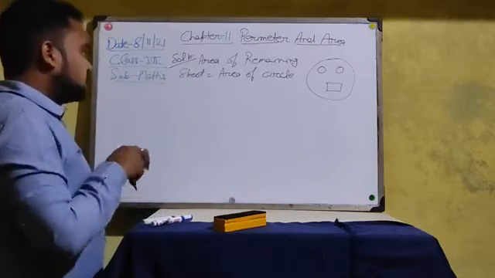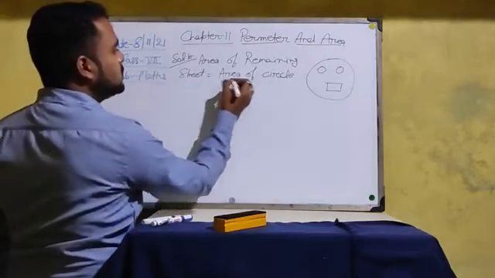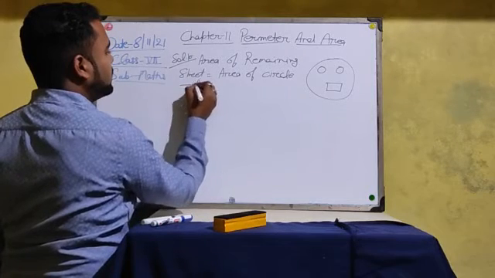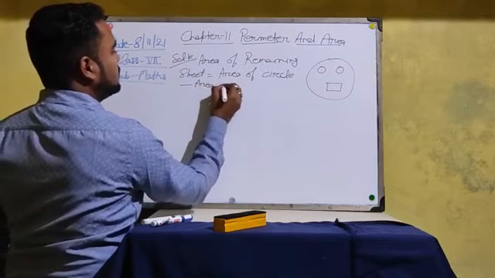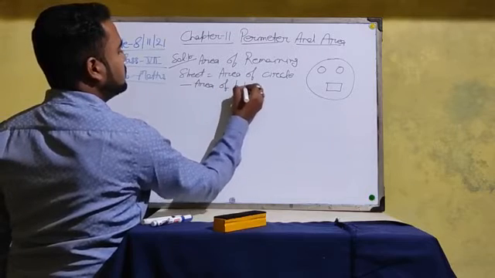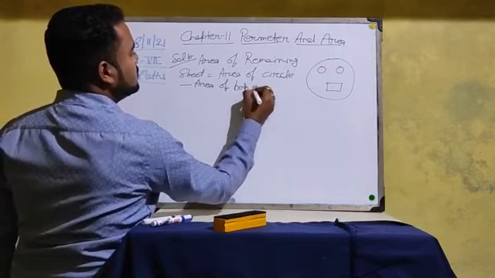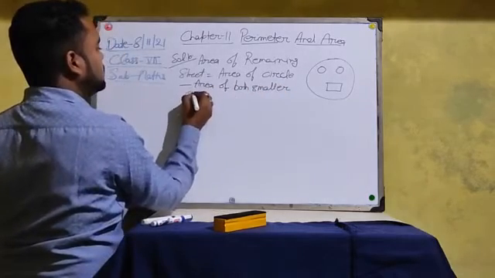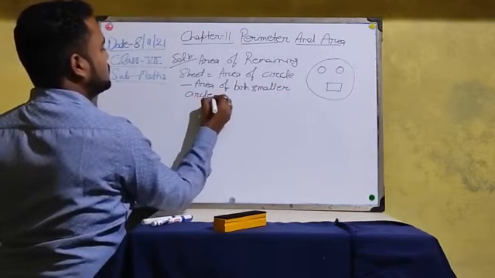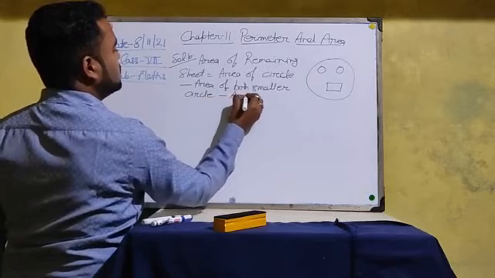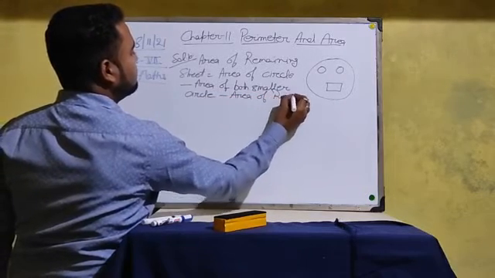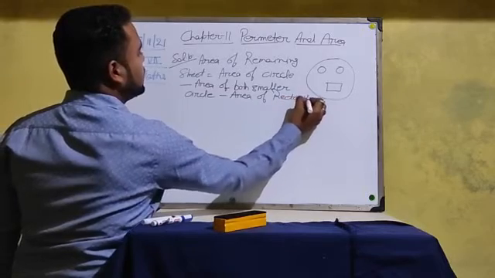Now area of remaining sheet is equal to area of circle minus area of both smaller circle minus area of rectangle.